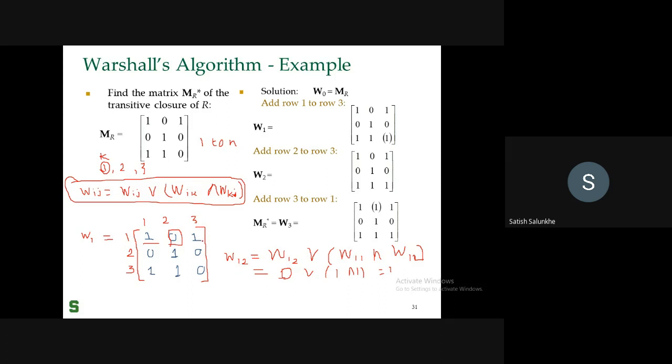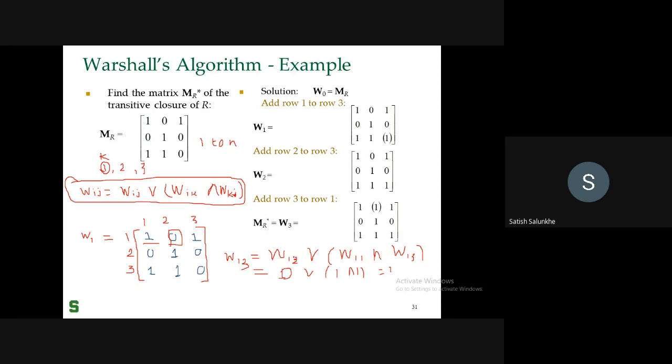Similarly, you go for W13. It will now be W13, and this will become 1 comma 1, and this will become 1 comma 3. K comma j. K is 1 and j is 3.